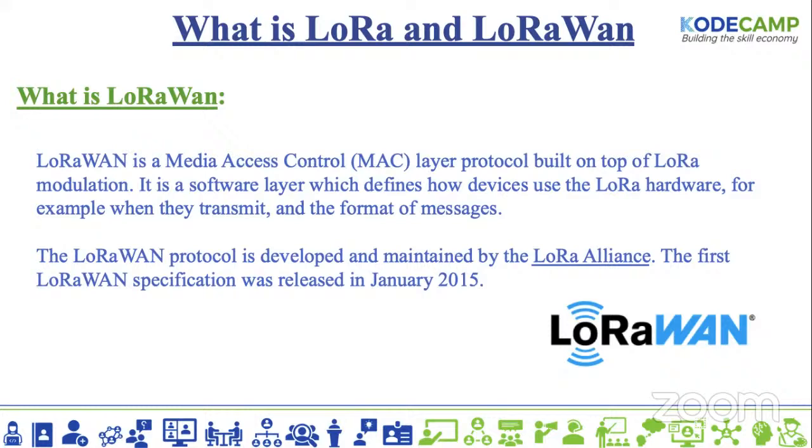When I talk about the end node device, I'm talking about the devices that are transmitting, the ones measuring the physical quantities, the ones that are in your gadgets. Those are what I call end node devices. It acts kind of like a routing protocol.